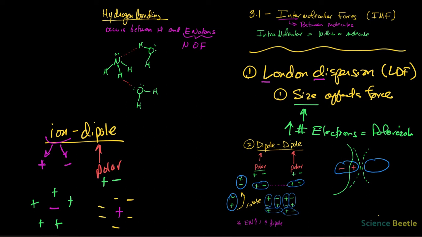Okay, and the example that I shared before was what happens when you dissolve NaCl in water. The NaCl will generate Na+ ions and Cl- ions. I'm just going to do the sodium.